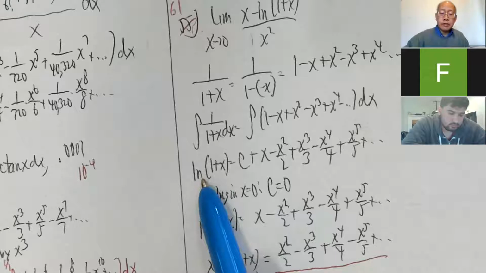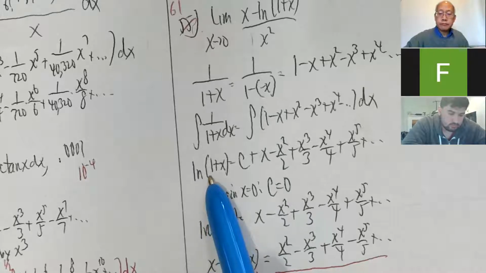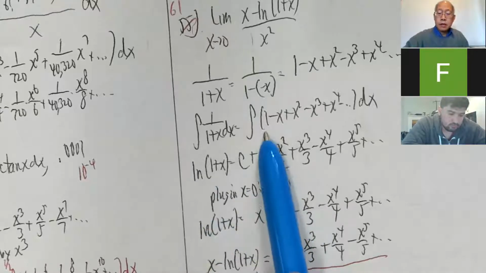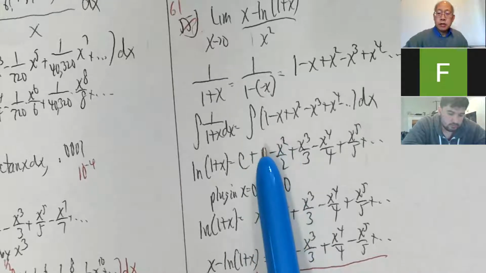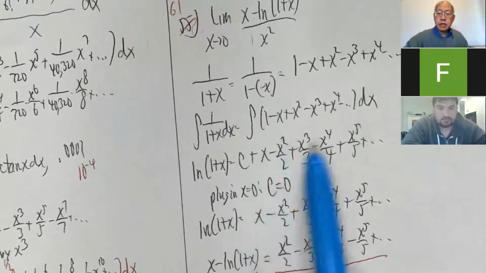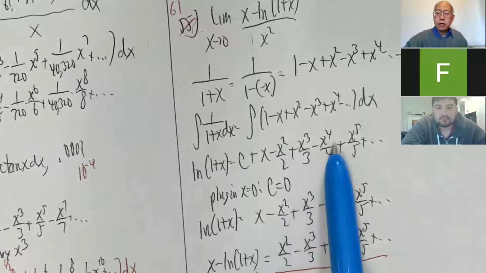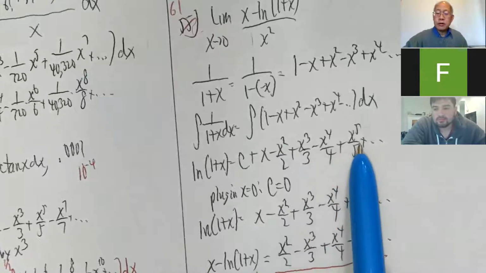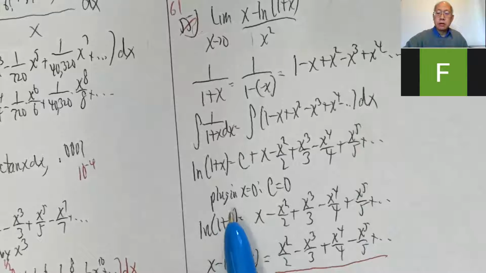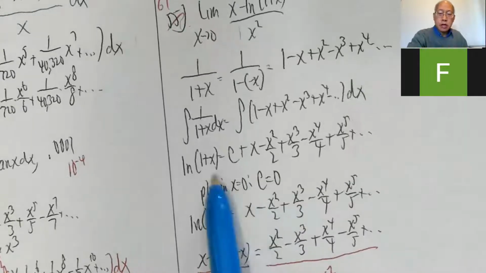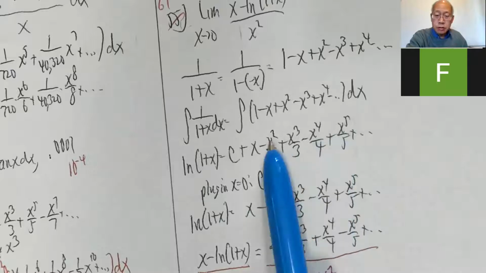So this we saw before was ln 1 plus x. Okay, so c plus x minus x squared over 2 plus x cubed over 3 minus x to the 4th over 4 plus x to the 5th over 5, and so on. Okay, then you can plug in 0. If you plug in 0, these are all 0.